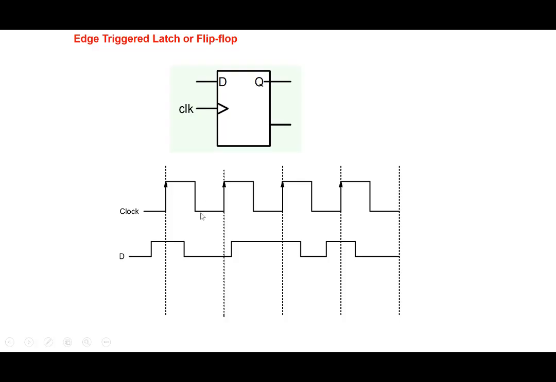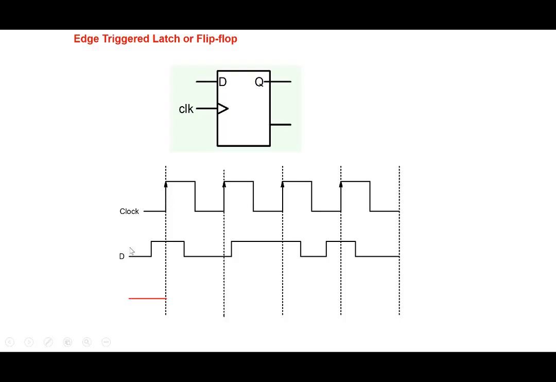So the idea is as follows. Let's say we have a clock here, and because it's edge triggered, we show it with an arrow here. It's positive edge triggered. And let's say the data goes in this particular manner here. Whatever is the data just before the positive edge, that's the data that goes into the latch here. So Q equals D, the D just before this positive edge.